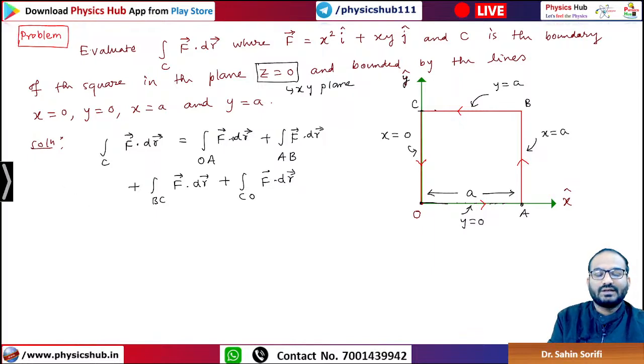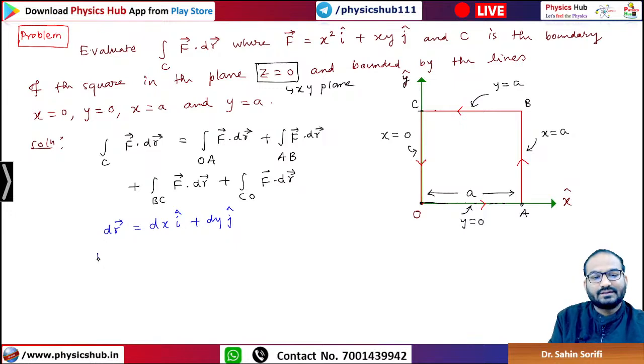Now what do we require? We require f dot dr. F is already given, this one. We require dr. So what will be dr here? It is effectively a 2-dimensional case, right? It is varying in the xy plane. So as I already told you, it will be dx i cap plus dy j cap.